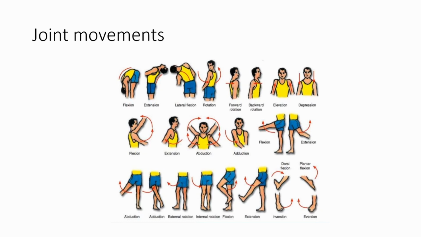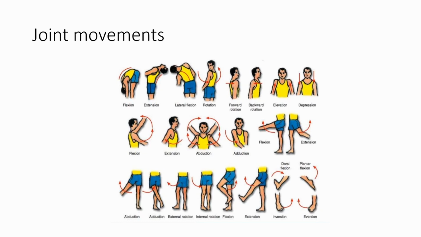There's also rotation. Rotation is when you move in a circular motion around one single point. So if you were to shake your head yes and no, if you were to rotate your head side to side in a no fashion, that would be rotation. Abduction and adduction refer to where you're moving the limb in terms of the midline or the middle of the body.